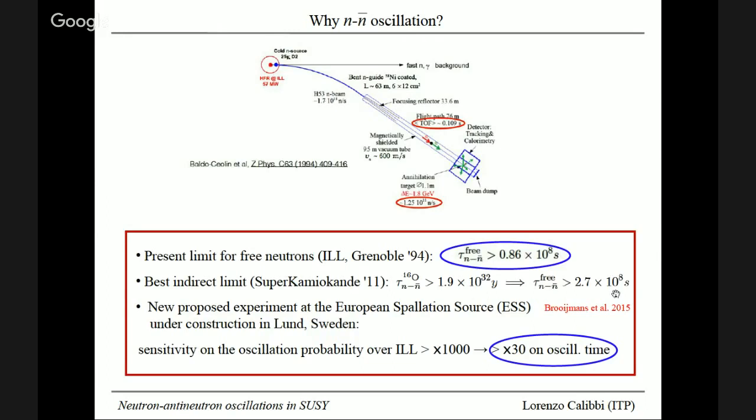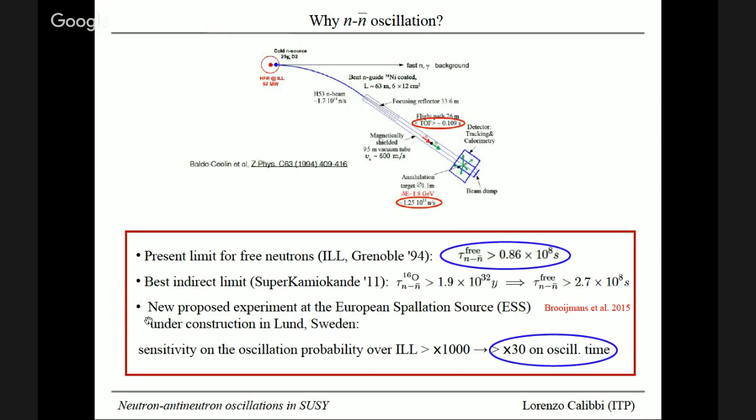It can be translated to a bound on the oscillation time as a free neutron of the same order of magnitude as the Grenoble experiment, slightly more stringent. Of course, this translation involves some nuclear physics uncertainties, but it should be pretty robust.